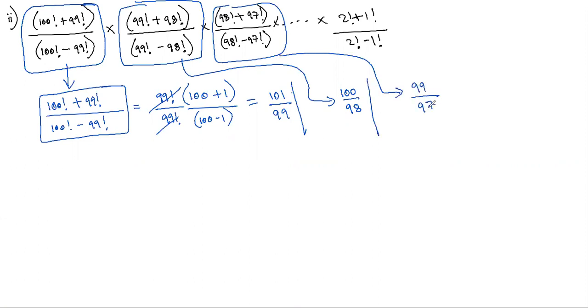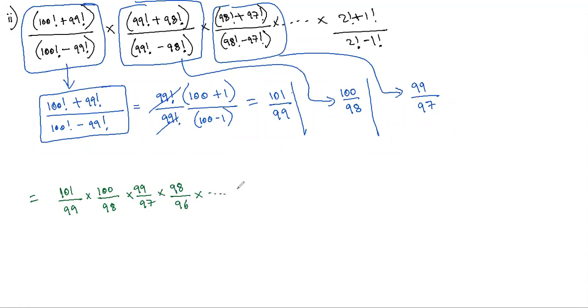Okay, so now without simplifying every term, can I say we are forming a particular pattern? It will be 101 by 99. Next term is 100 by 98. Next term will be 99 by 97, and so on.